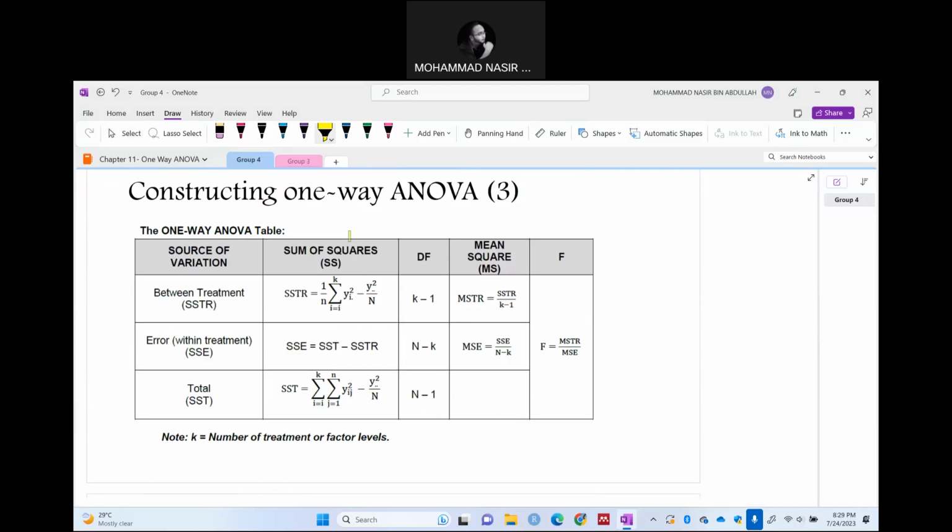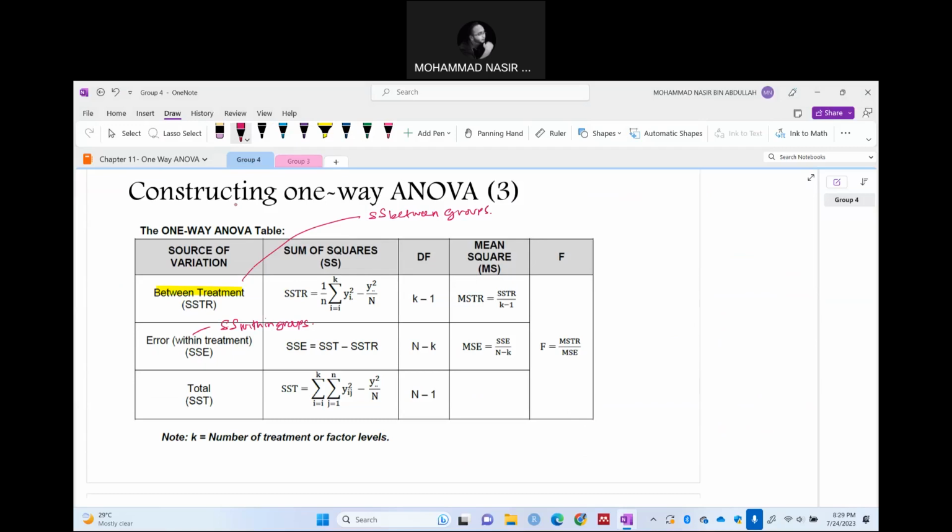So the equation for sum of square treatment or sum of square group. In some books, we will find this called sum of square between group, and this is also called sum of square within group. Actually the same thing, right? It's a different term used by different books.